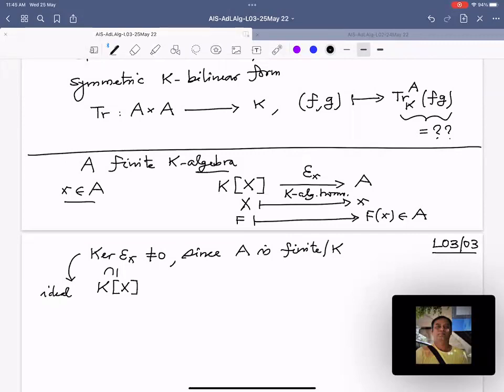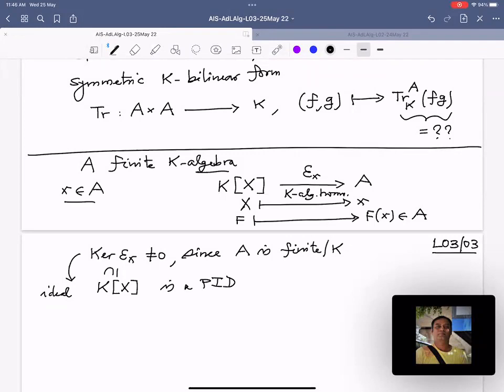in this polynomial ring, which we know is a PID. Therefore, this has to be generated by one single polynomial. And that polynomial, the generator, will be unique if it is a monic polynomial.